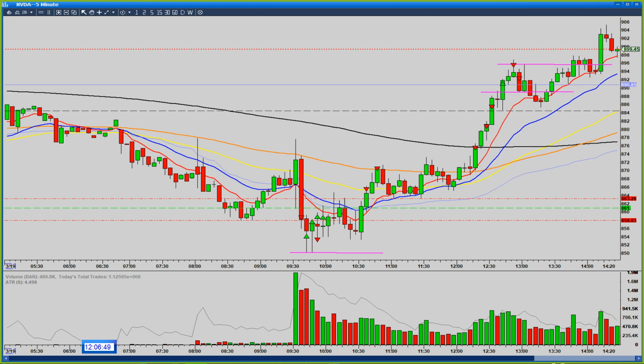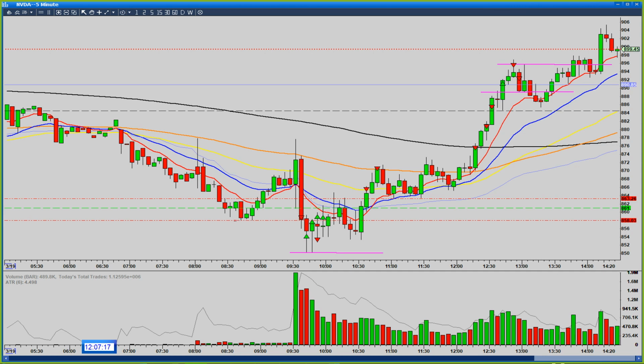Now we started this trade. Boy, I put my foot in it yesterday when I started this trade. I can't say that because it started good.